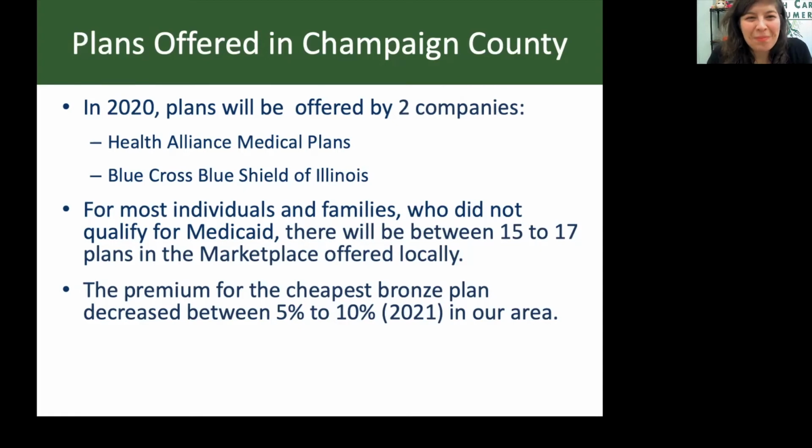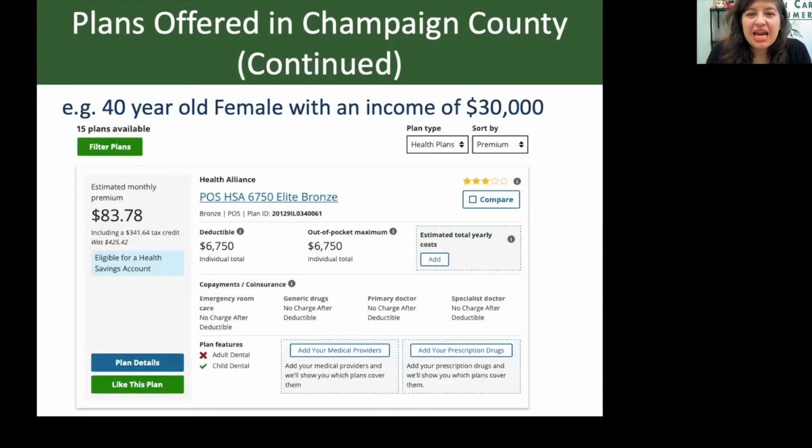That doesn't always happen. And I wanted to talk a little bit about how to actually compare and look at these plans. So on the marketplace, you will be shown a list after you enter your information. You can also window shop and see this list of plans, and you'll be able to see all the plans available.